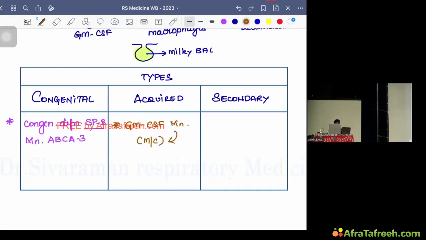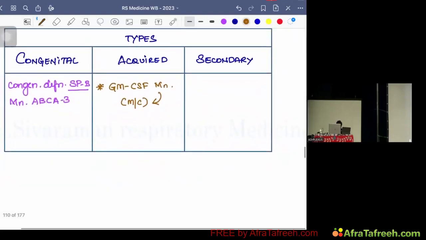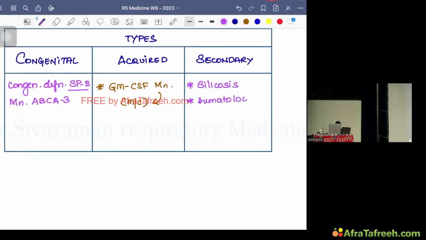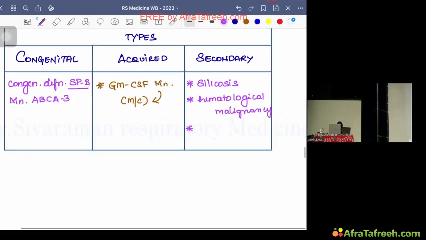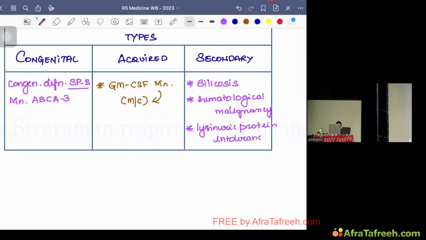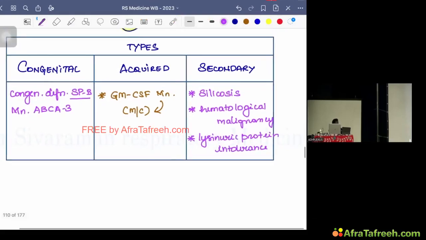Secondary occurs secondary to certain diseases where lymphatic obstruction occurs, like silicosis and hematological malignancy. There is also a protein disorder called lysinuric protein intolerance.